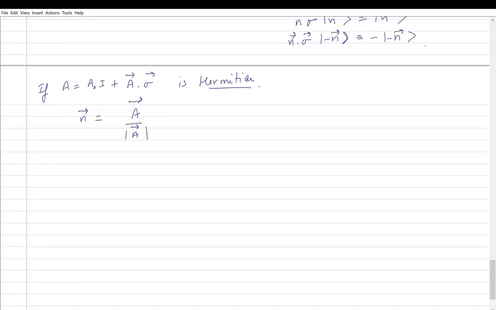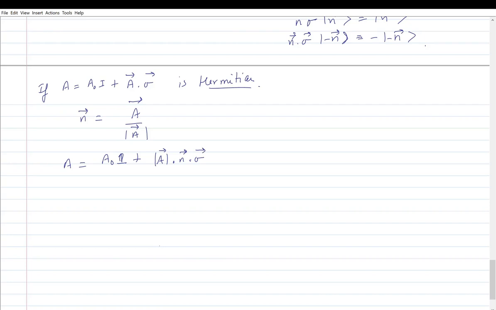And with that regard, I can regard the operator A in terms of the unit vector. It's the magnitude of the vector times this guy.